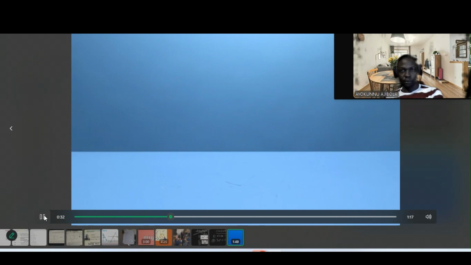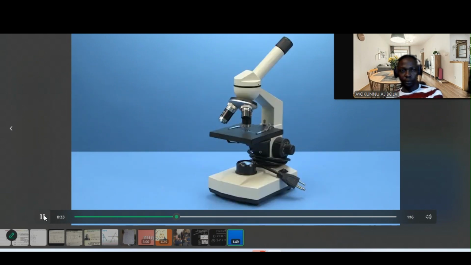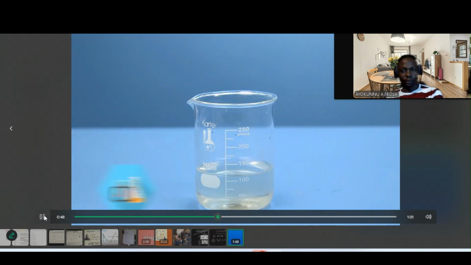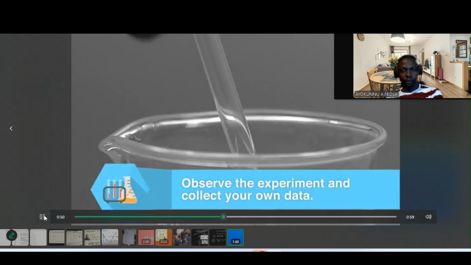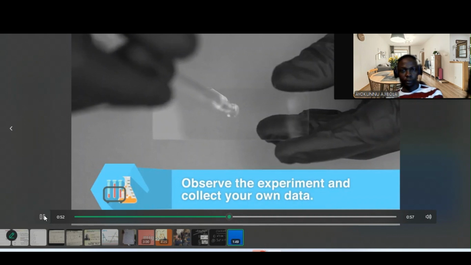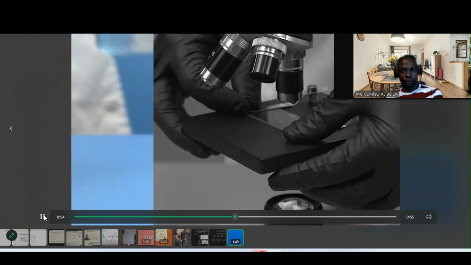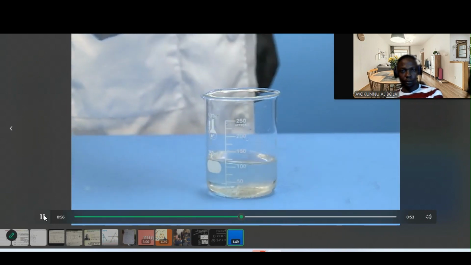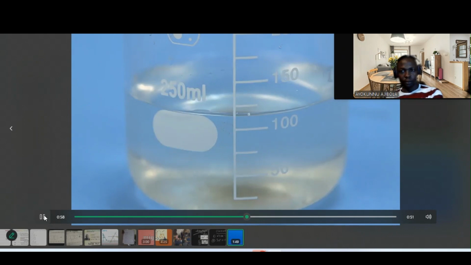The materials needed for this experiment are a microscope, a slide cover, an eyedropper, and a beaker with 100 milliliters of water from a pond. Your job is to observe the experiment and collect your own information from this demonstration. A sample of water has been collected from a pond.